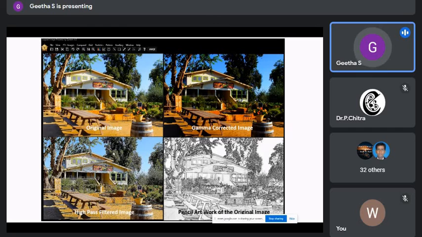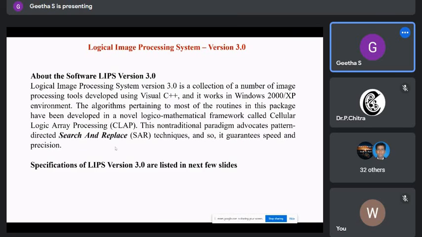Now you are using Logical Image Processing version 4.0. This is the software Logical Image Processing version 3.3. Version 3.0 is a collection of a number of logical image processing tools developed using Visual C++ in the Windows 2000 XP environment.